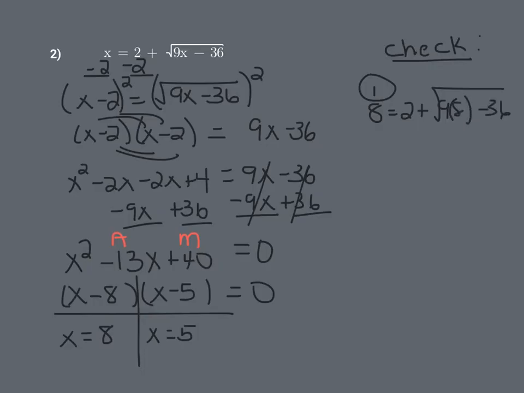Okay, so 8 equals 2 plus, well, 9 times 8 is 72, and 72 minus 36 is 36. All right, so the square root of 36 is 6. And since 2 plus 6 is 8, this one checks. So I'm going to go over and circle x equals 8.